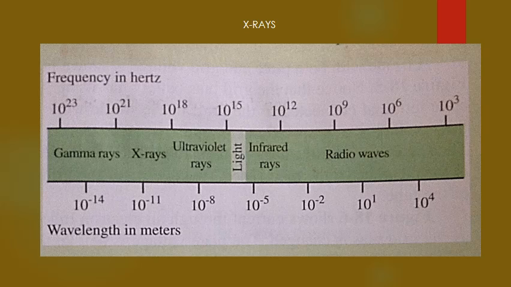Like visible light, X-rays travel in straight lines at the speed of light. They also darken photographic film in much the same way. X-rays differ from visible light in terms of wavelength. The X-ray is very high in the electromagnetic spectrum of waves.